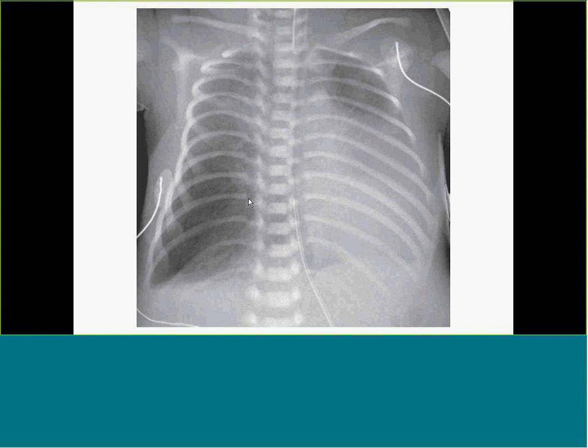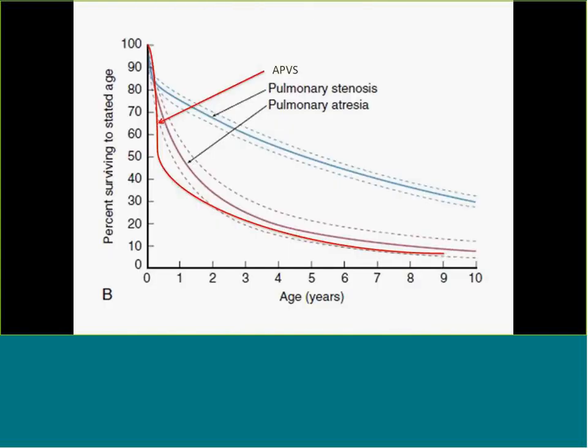Also, this shows a survival curve, and the one which is marked blue is called pulmonary stenosis with classical tetralogy. Obviously, that is the best category. There is a small subgroup with severe forms who have high mortality in the first year of life or first few months of life.